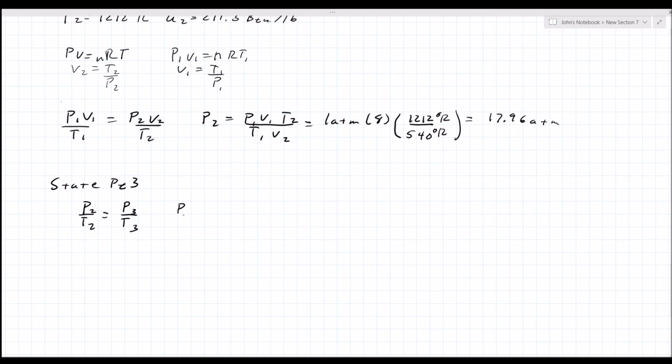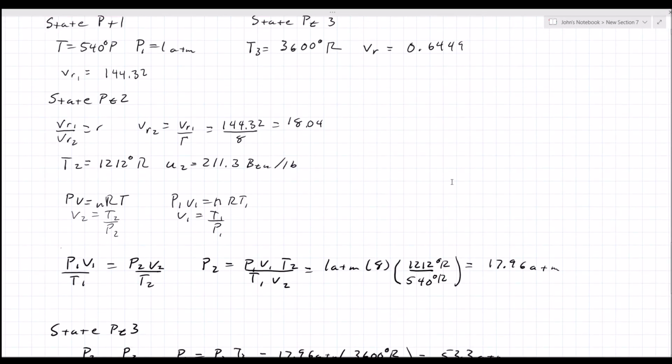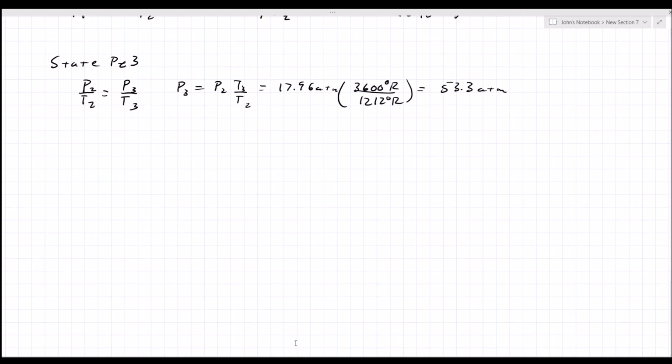So P3 is equal to P2 T3 over T2, equal to 17.96 atmospheres times 3600 degrees Rankine over 1212 degrees Rankine, and you're going to get 53.3 atmospheres. All right, so we already know the temperature at state point 3, so now we can move on. State point 4.